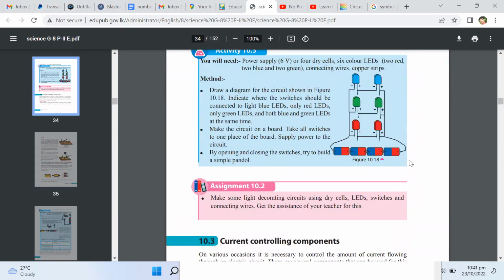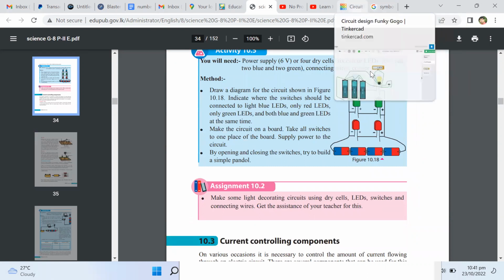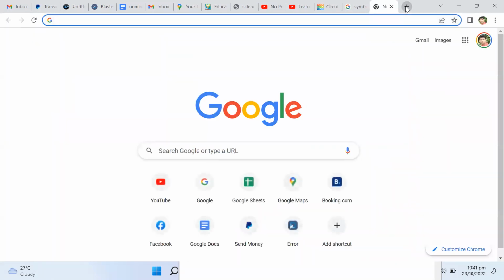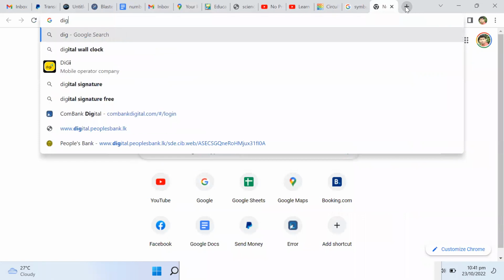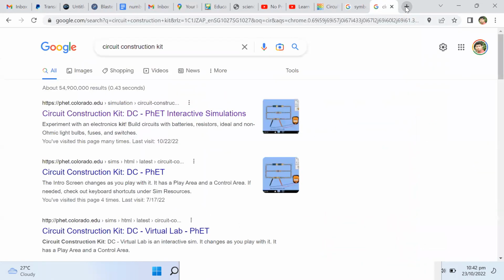There are 4 batteries connected and bulbs connected. When bulbs are connected serially and parallelly, there is a difference, right? So let me show this using the circuit construction kit, the DC circuit construction kit.